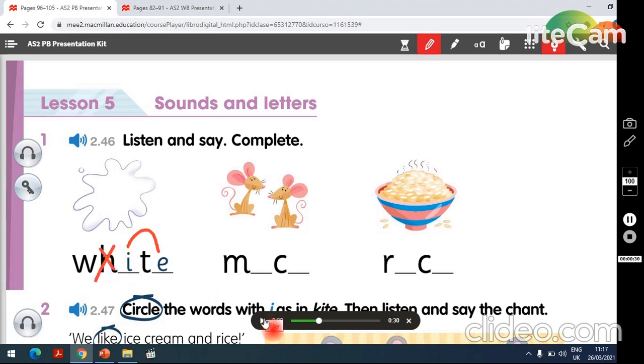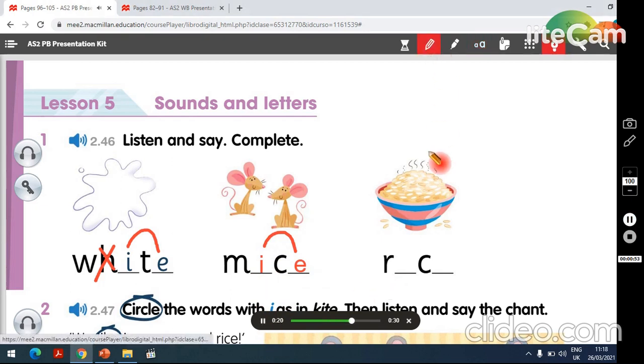Now let's move to the next word. Mice. I, mice. So here we have I and E. Repeat it 3 times now.